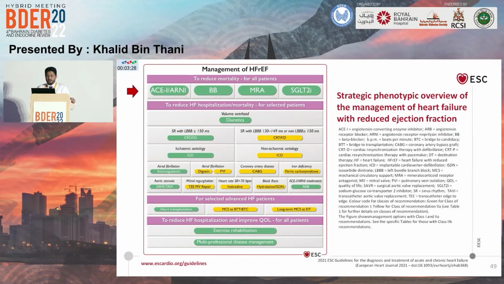This is my last slide. It's regarding the management of heart failure with reduced ejection fraction. Clearly mentioned in the ESC guidelines, using the ACE and ARNI, beta blocker, mineralocorticoid, and SGLT2 inhibitors. I think nowadays a lot of cardiologists are more prone to start the SGLT2 from the beginning for treatment of heart failure, and it is.